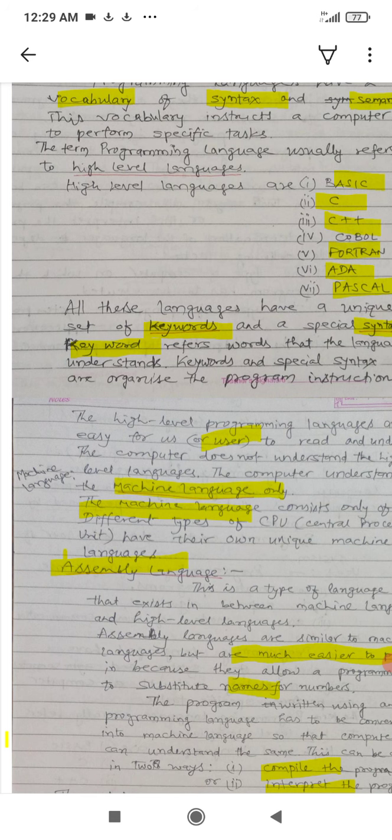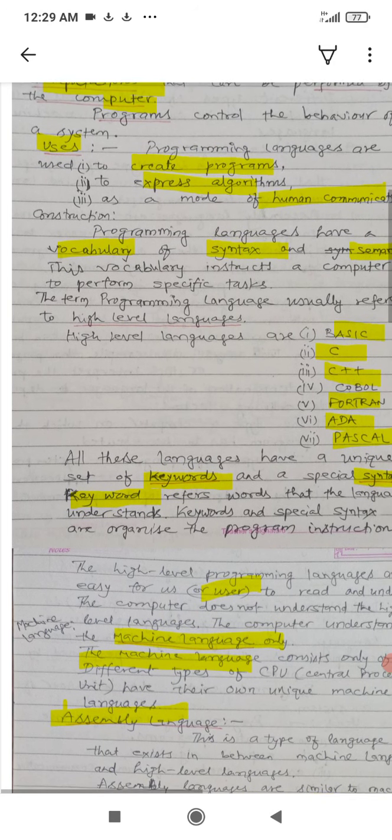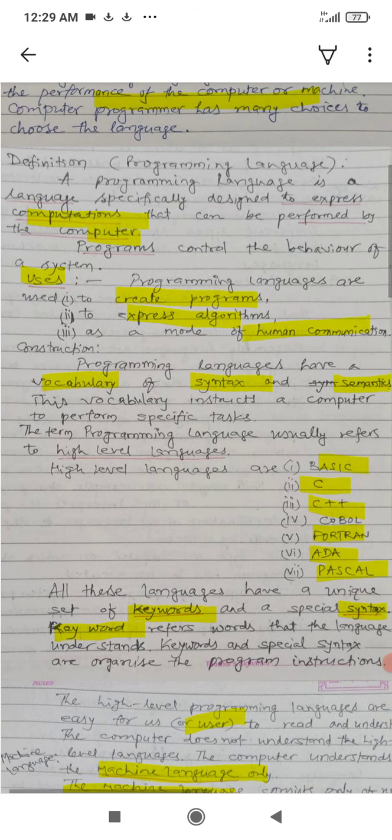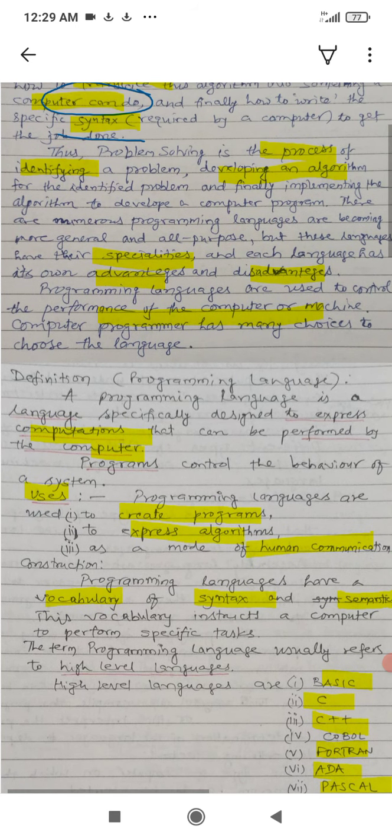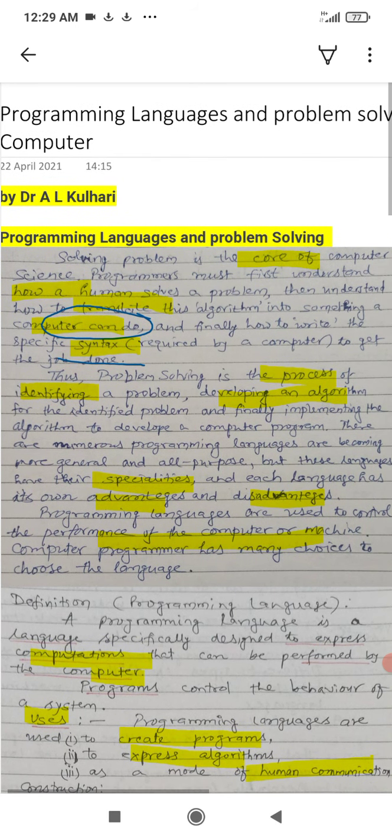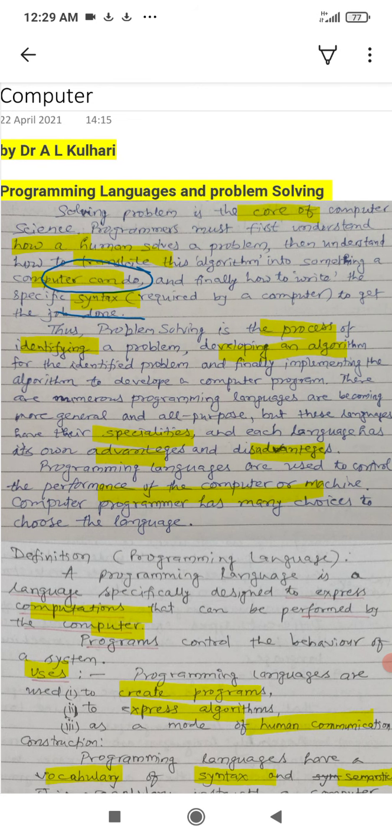We have discussed machine languages, and what is programming language and problem solving.